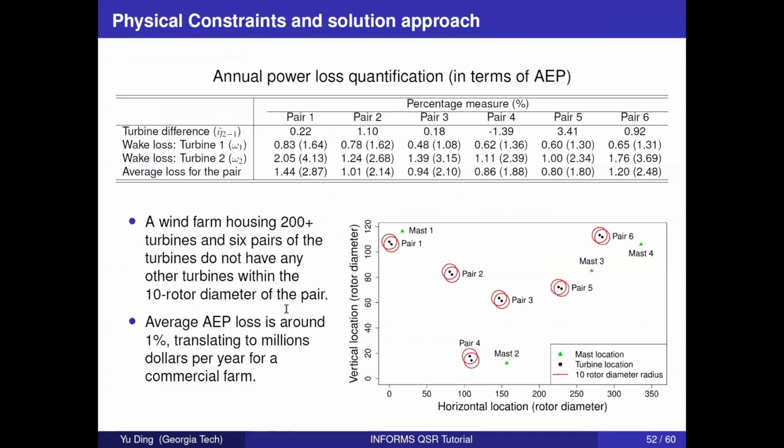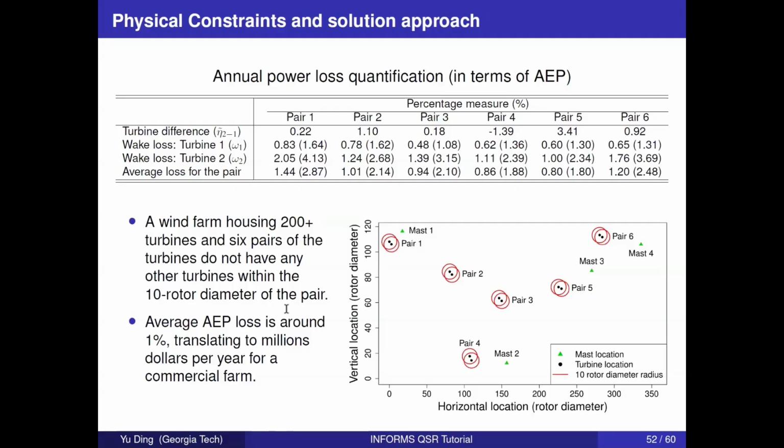Okay, and here is the field analysis. We select a wind farm with 200 plus wind turbines, and we identified 6 pairs of them where the two turbines are close enough, within 5D. The D is the rotor diameter, right?